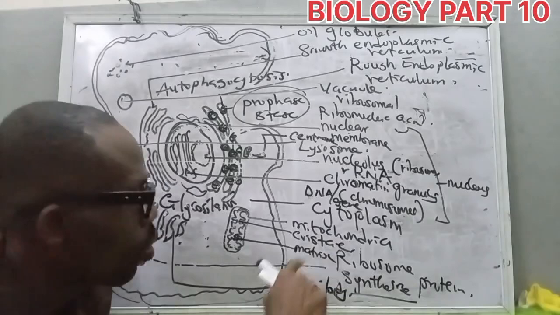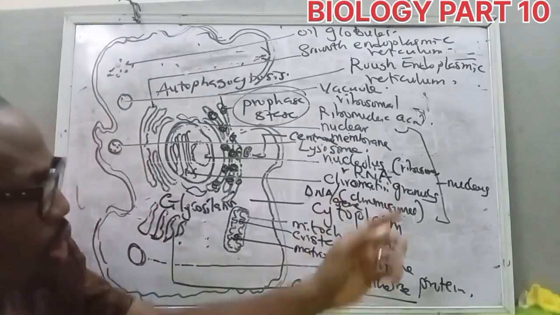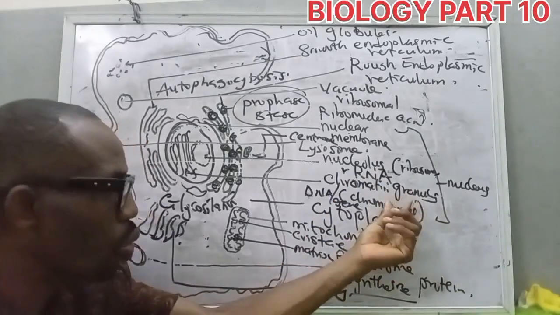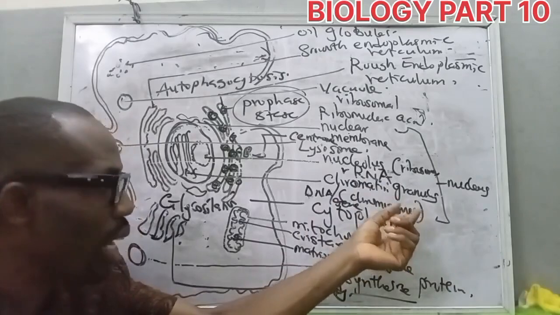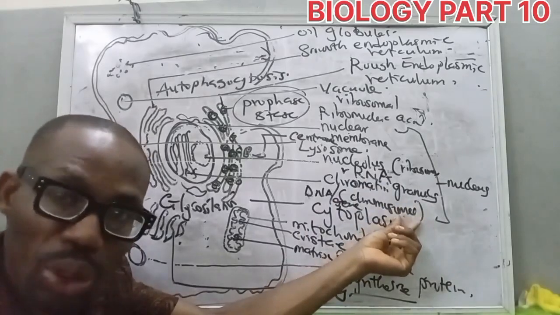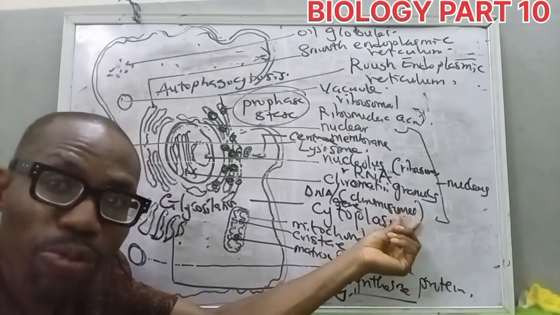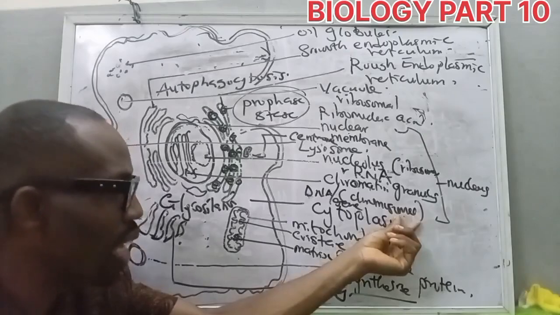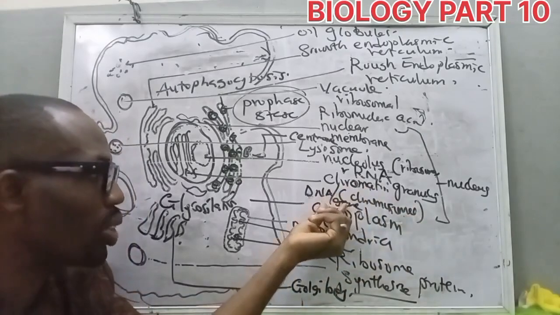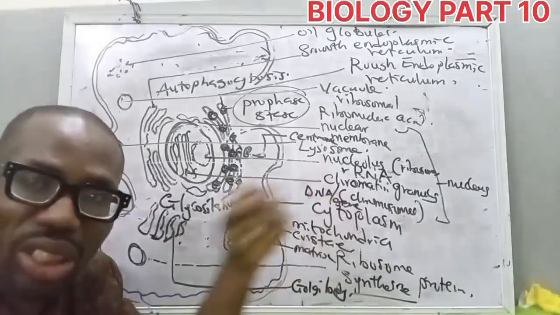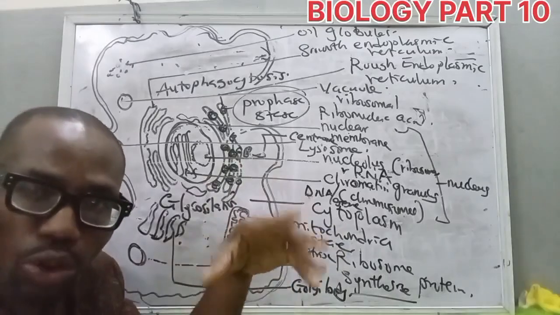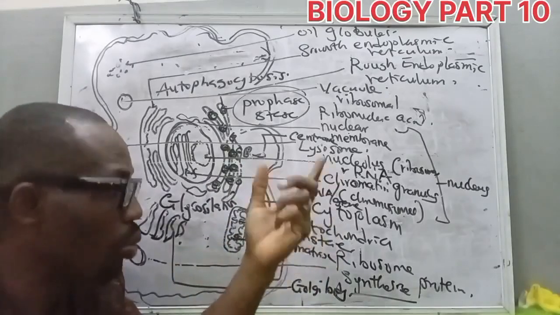And then we also have what we call the chromatin granules, which is also known as the chromosomes. And I told you that the chromosomes become visible during cell division and it is at the prophase stage that you have that. This chromosome houses what we call the DNA or the gene, which is the genetic material that controls the thread that carries the feature of the cell.